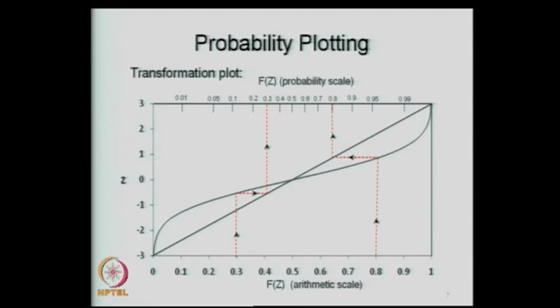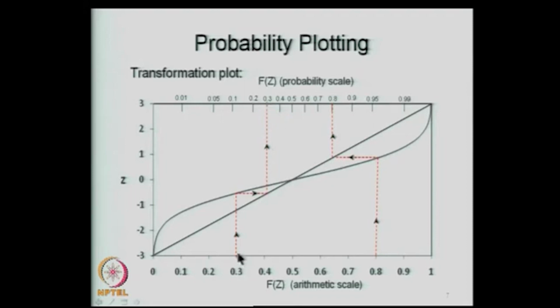Now, we start transforming the values on F of z. So, F of z, for example 0.3, would have corresponded to this particular point, but we want this point to be on the straight line. So, we transfer this point to this and then project it upwards and call this 0.3.